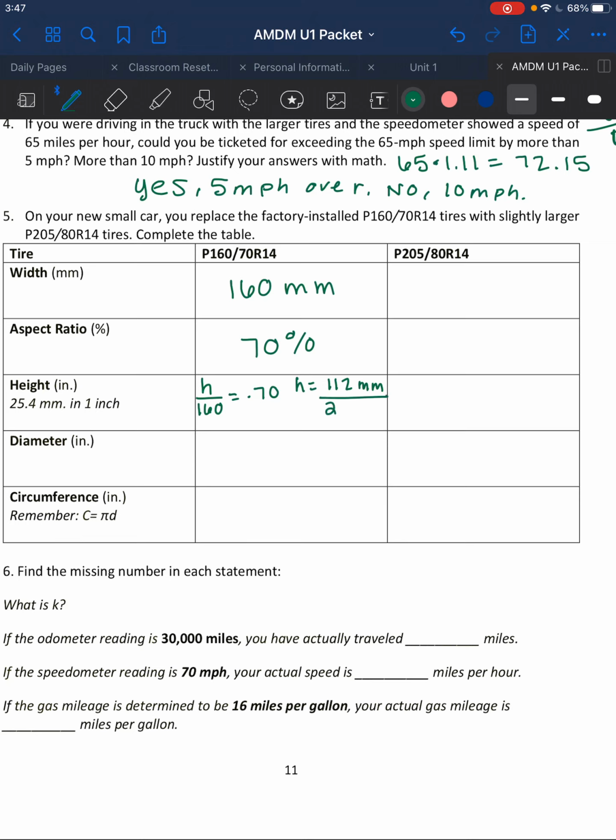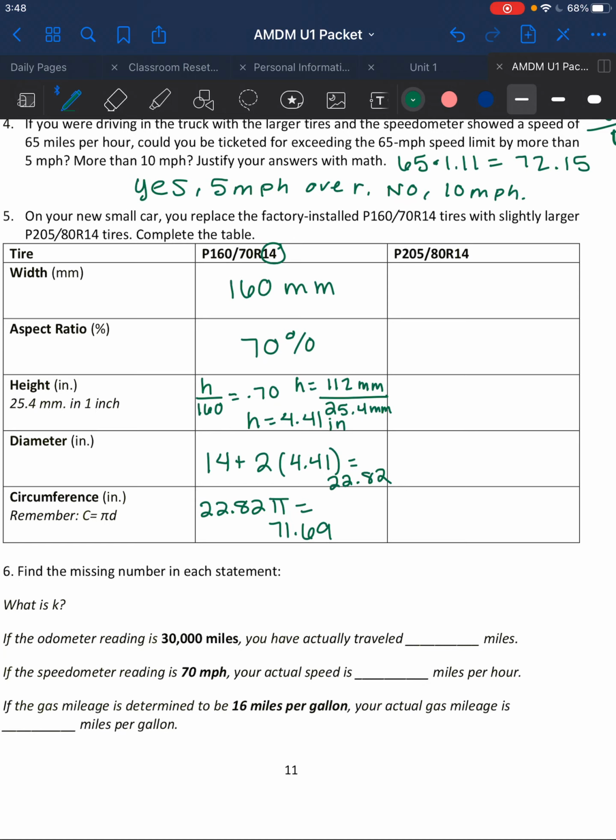Now I need to divide by 25.4 to get h to be 4.41 inches. Now my diameter. This time I have 14 on the end, so 14 plus 2 times 4.41, and you get 22.82. Then my circumference, 22.82 pi, equals 71.69. Remember, you can pause this at any time.